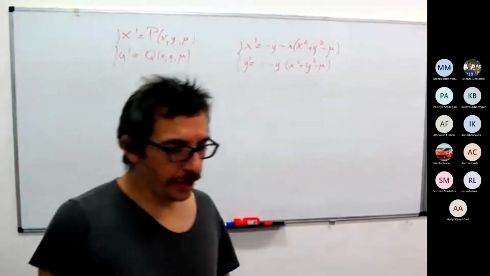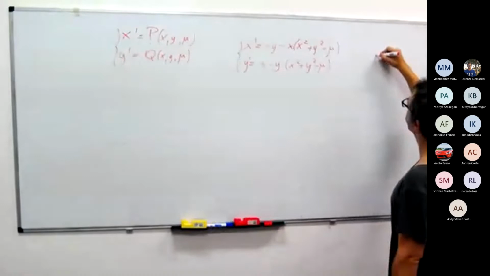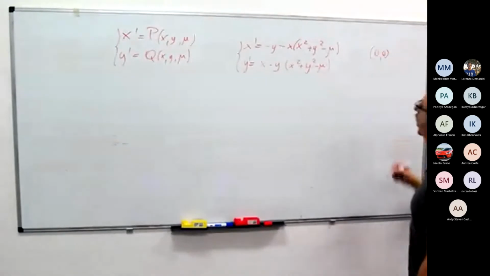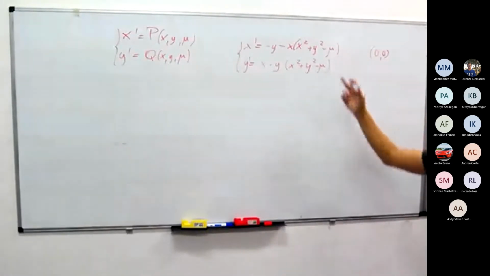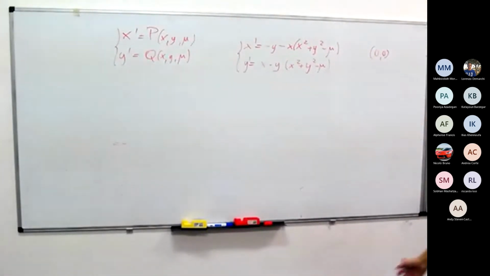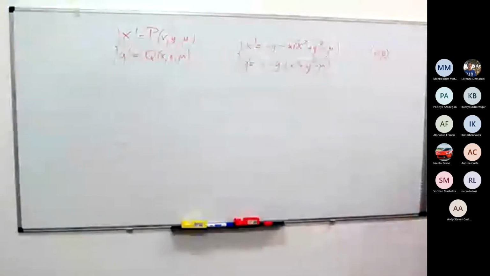What you can prove is that 0, 0 is a critical point for this system. That's easy. Just put 0, 0 inside, and you will discover that these two terms will be zeros. So indeed, 0, 0 is a critical point.